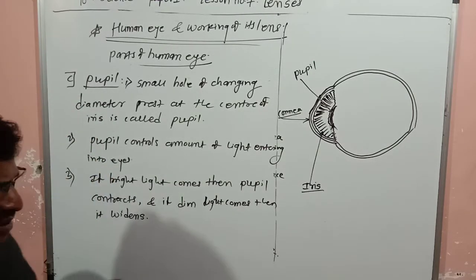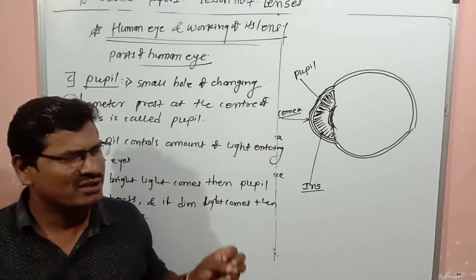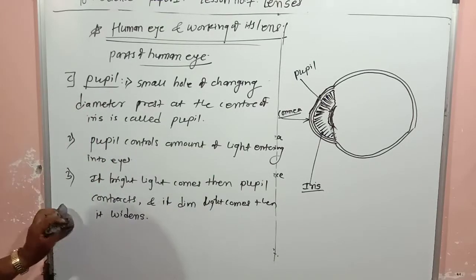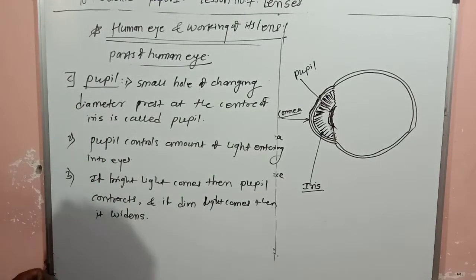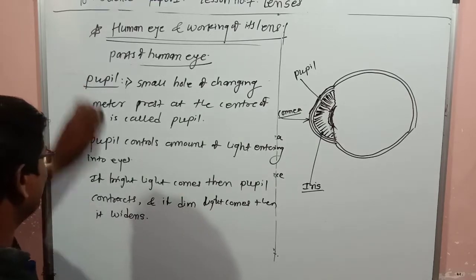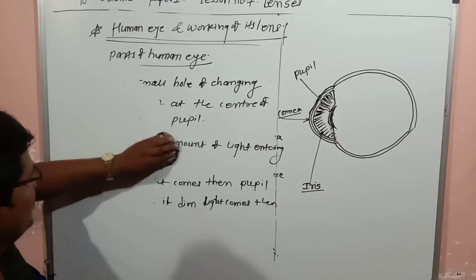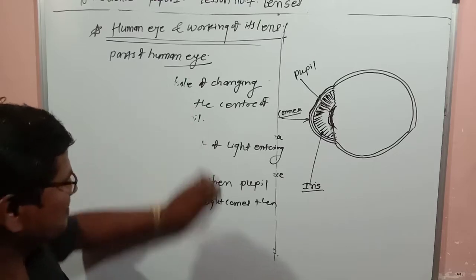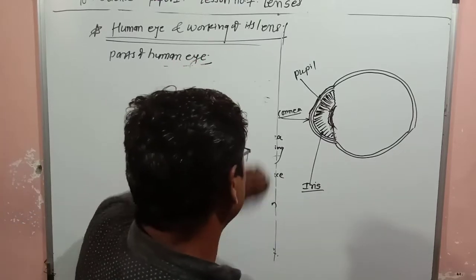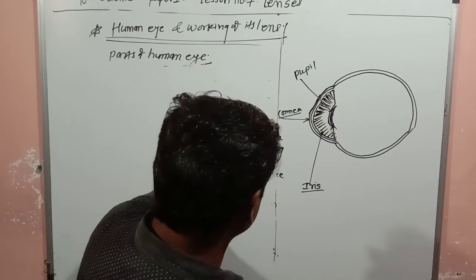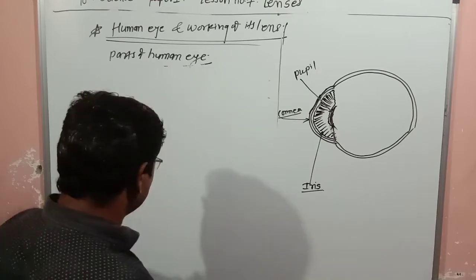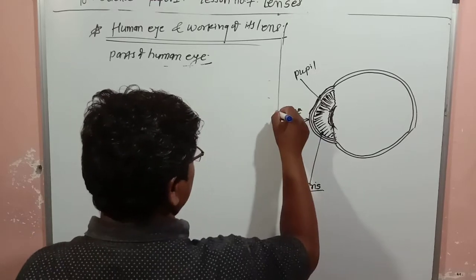Now the next part is the eye lens. I will rub this one and then write eye lens. Part D is eye lens, a crystalline double convex lens, and it is transparent.